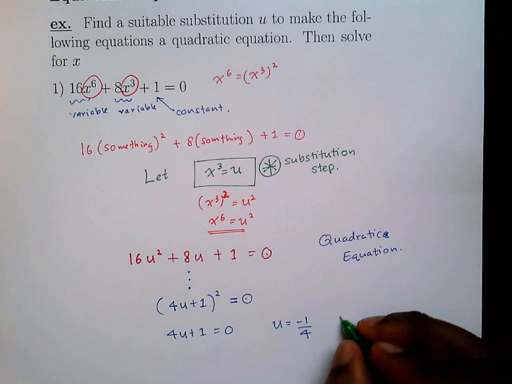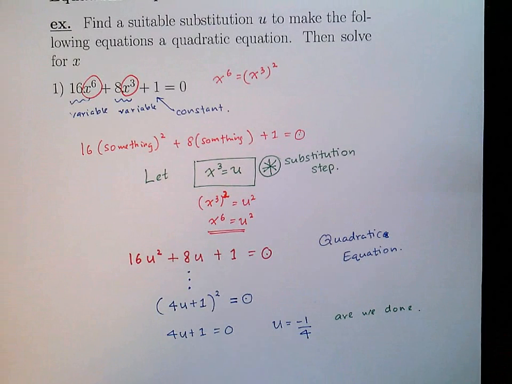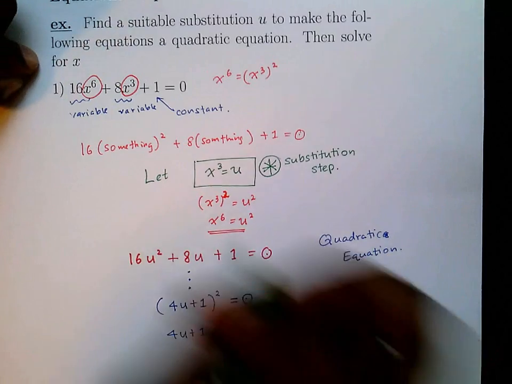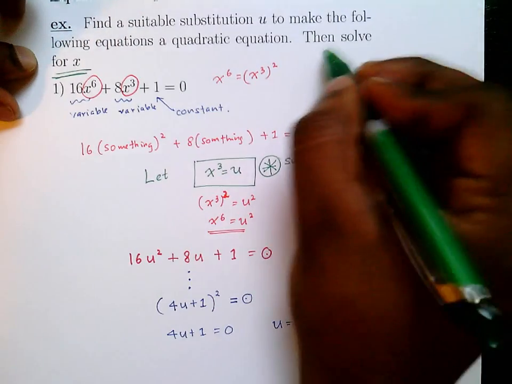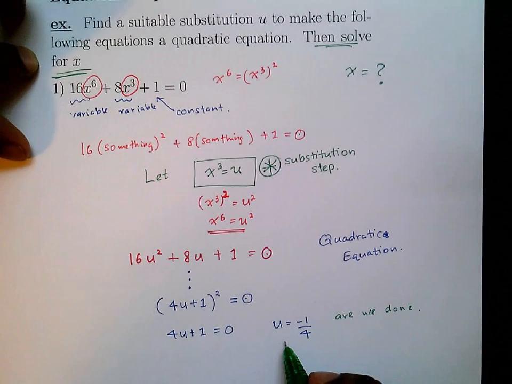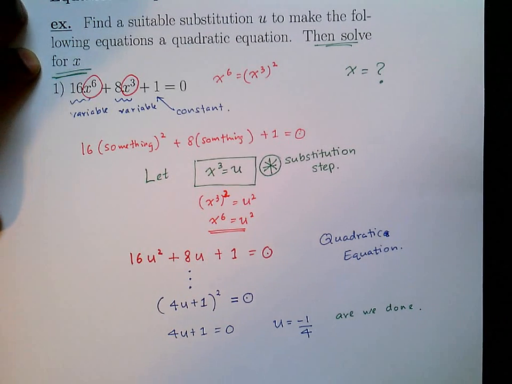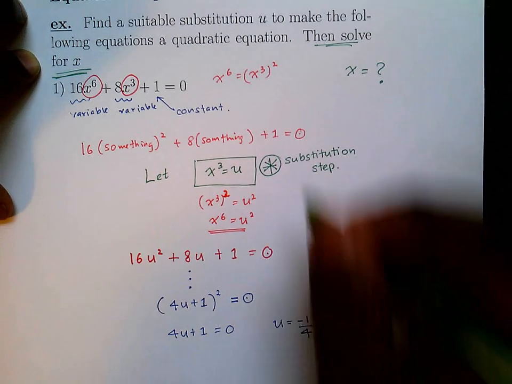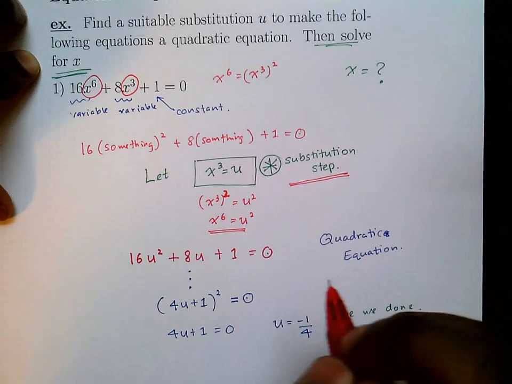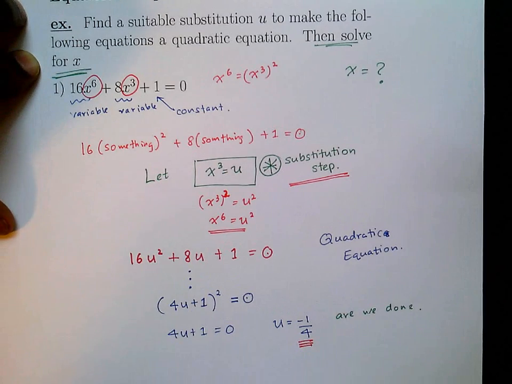Now the question is, are we done? Well, what do you need to do here? When I ask you to solve for x, you need to find x. But here we found u equals negative 1/4. Doesn't really help. So what you need to do is look at the original substitution step, and then plug in u equals negative 1/4 there and find what x is.